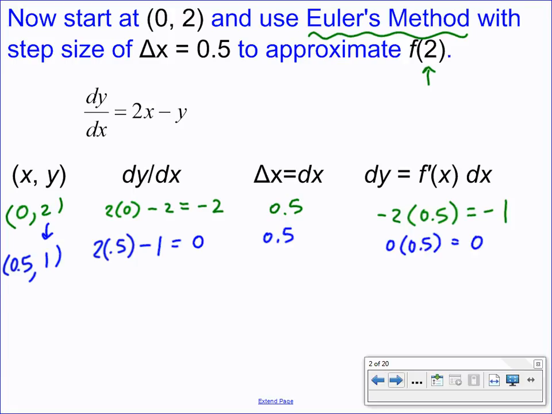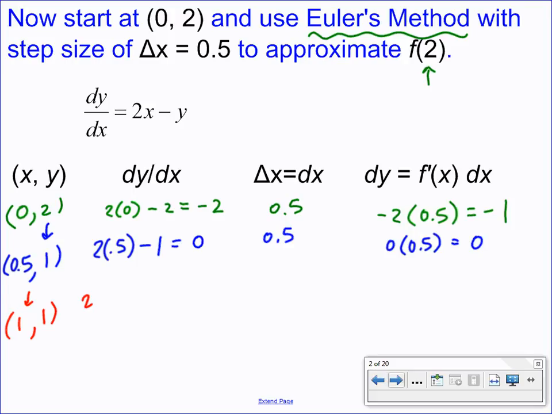I anticipate a change in y value of 0 units as I go to my next step. So we've gone from 1 plus 0 is 1 still, and another 0.5 unit horizontal step puts me at (1, 1). Is that right? So (1, 1). Awesome. We're closer, so let's go ahead and continue the party.